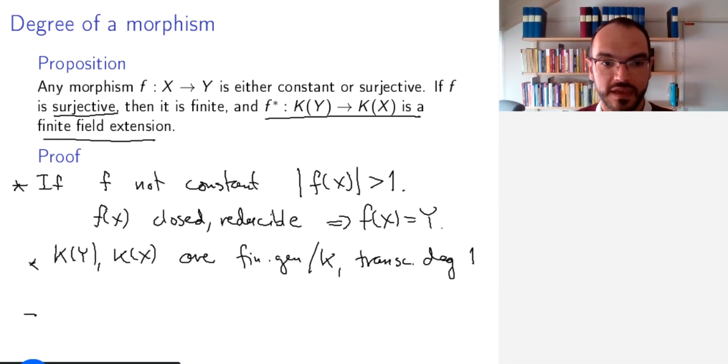Next, to show that f is finite, take a cover of open sets of Y and look at one such open affine set. So let V in Y be open affine.